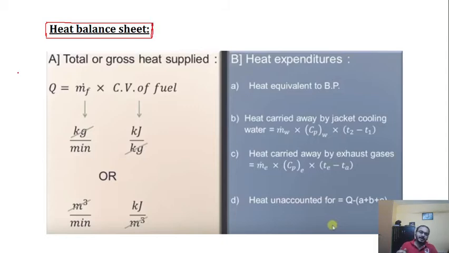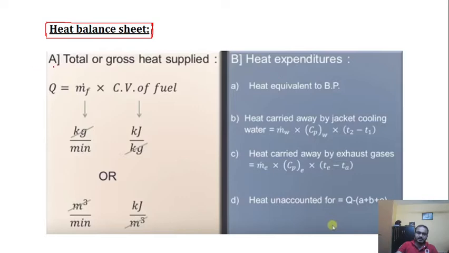So the heat balance sheet is actually a tabular representation of various forms of heat expenditures and the supply of heat, and we will understand this in detail. So here there are a few components that we will be discussing one by one.